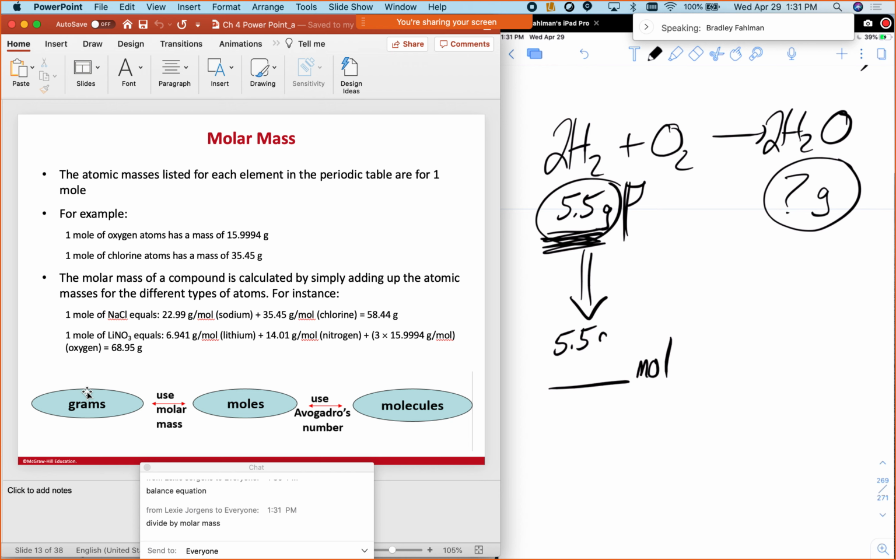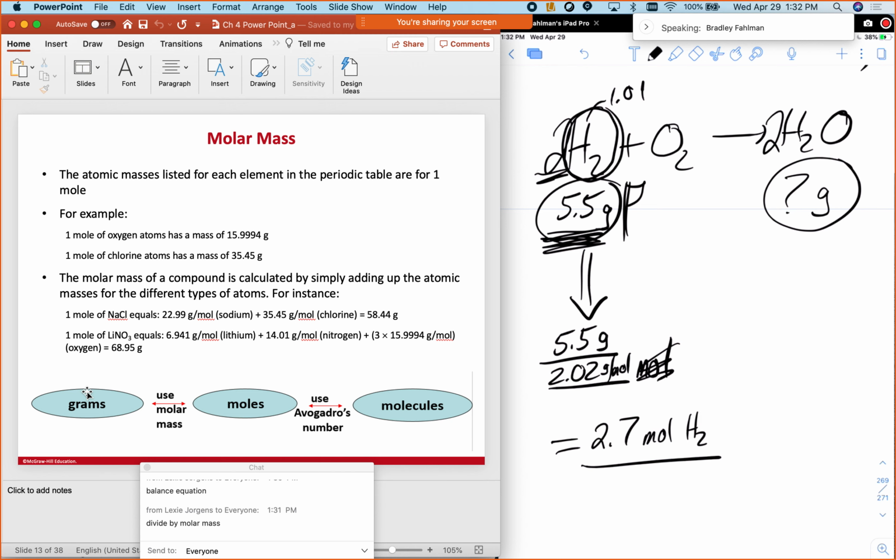That's 5.5 grams divided by the molar mass of this. Don't put this 2 in there yet. Each hydrogen is 1.01, so it's divided by 2.02 grams per mole. So 5.5 divided by 2.02 is 2.7 moles of hydrogen.